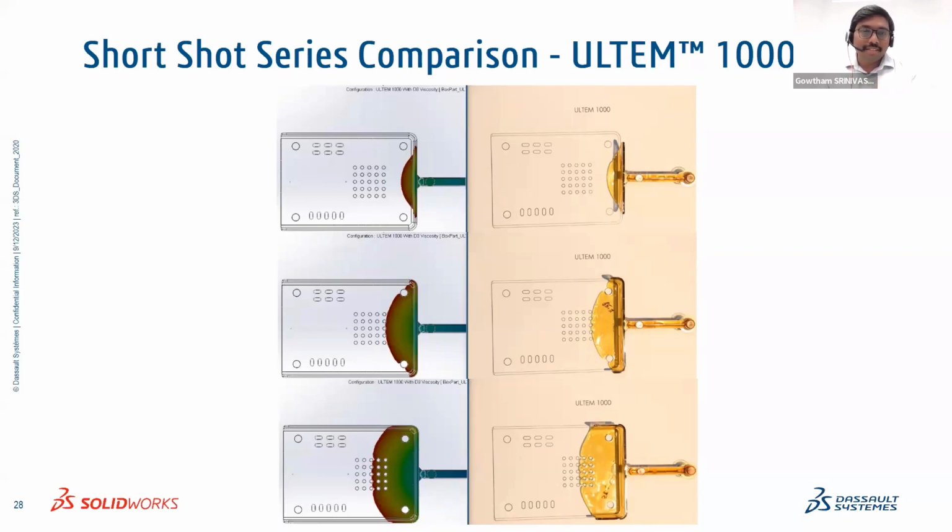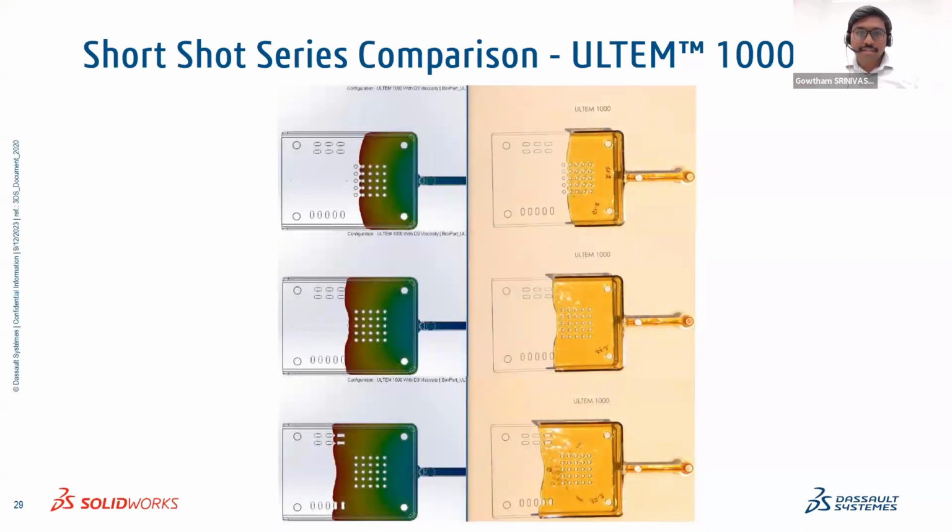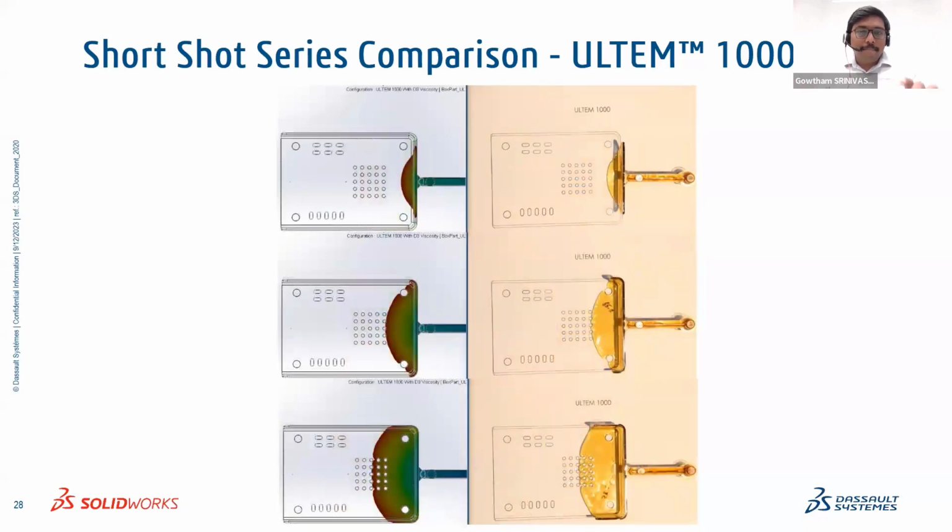On the left-hand side you can see the results we got from SOLIDWORKS Plastics, and the right-hand side is the photography of the lab test results. For each condition we stopped the machine and took the short shot. You can see at 10 percent of fill how the fill pattern looks when compared to the software result with the lab test results.